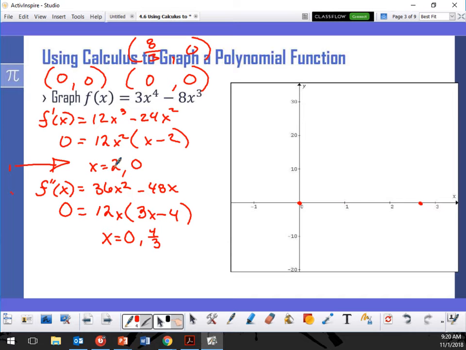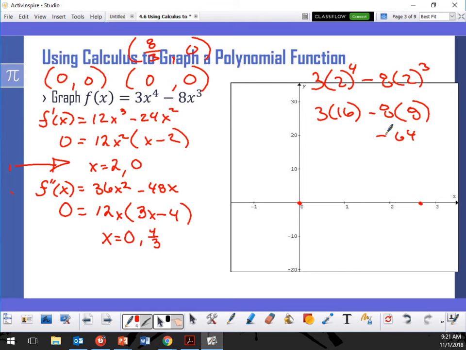So if I plug in 2, I'm going to get 3 times 2 to the 4th minus 8 times 2 to the 3rd. So this is, let me see, 3 times 16 minus 8 times 8, 64, 48.